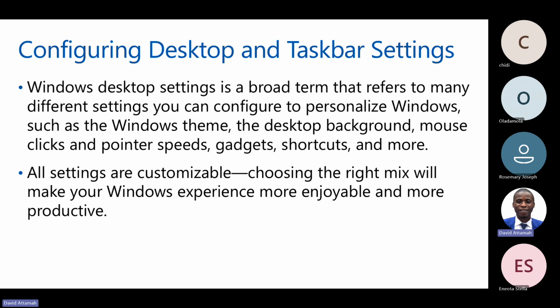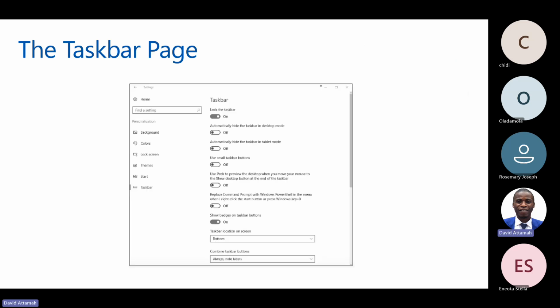As you can see here, the first one is lock the taskbar. You don't want it to disappear; you want it to be always there. Then the second one is automatically hide the taskbar in desktop mode, which means at some point you won't be seeing your taskbar except if you move your mouse pointer close to that area, it will come up.